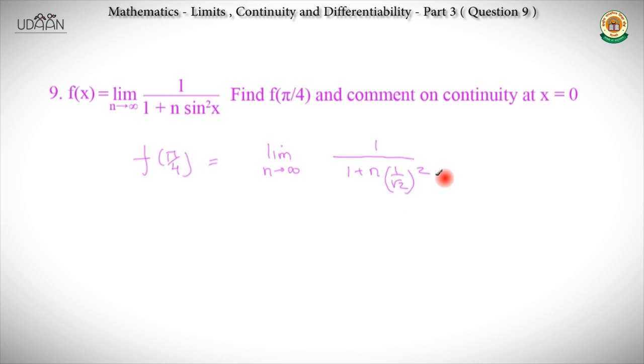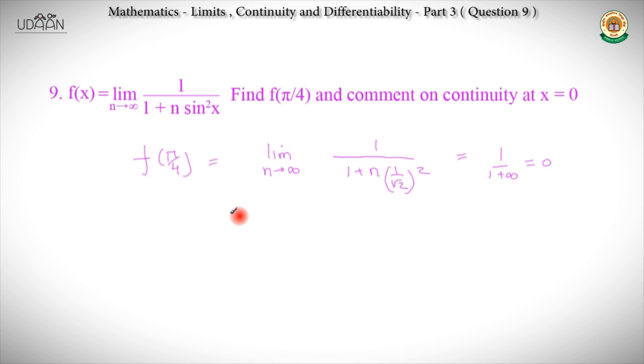Since the limit n tends to infinity, the denominator tends to infinity, whereas the numerator is constant. So we get f of pi by 4 equals 1 by 1 plus infinity, which is 1 by infinity, equals 0.